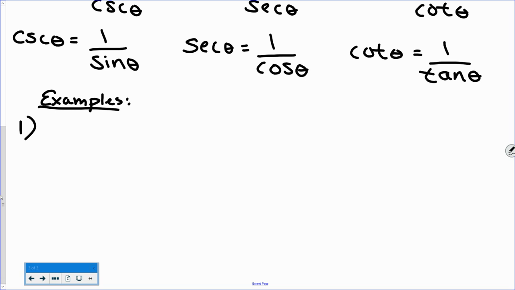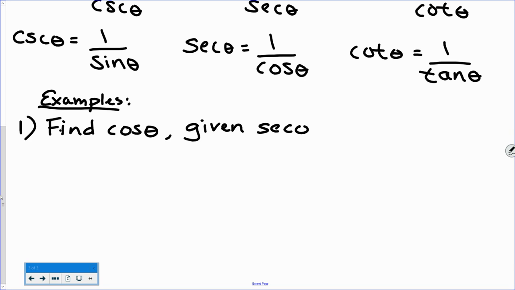If I said find cosine of theta, if you were given that secant of theta equals 5/3. There's not any work to this. It's just the knowledge that if I want cosine and I have secant, well, that's just the reciprocal. So cosine of theta would equal 3 over 5, and that's it.